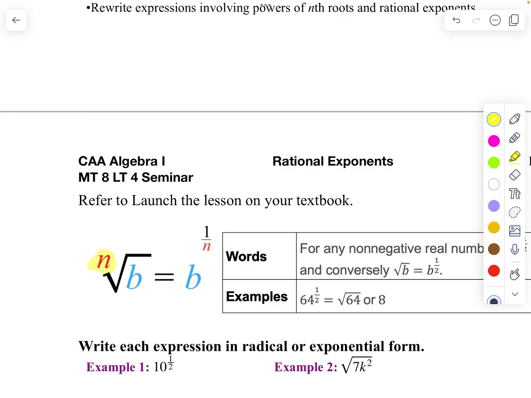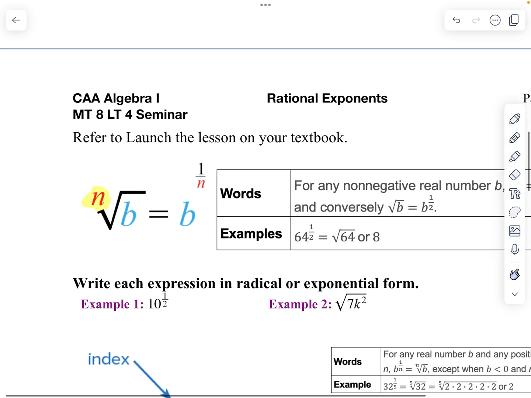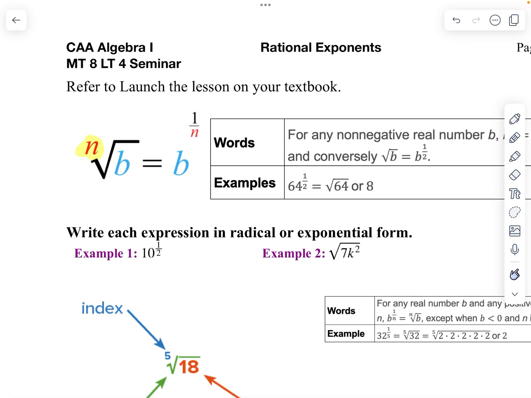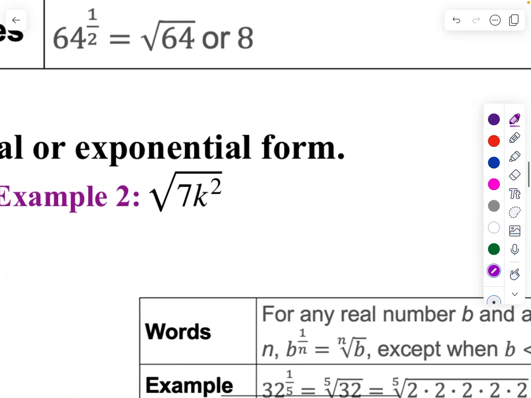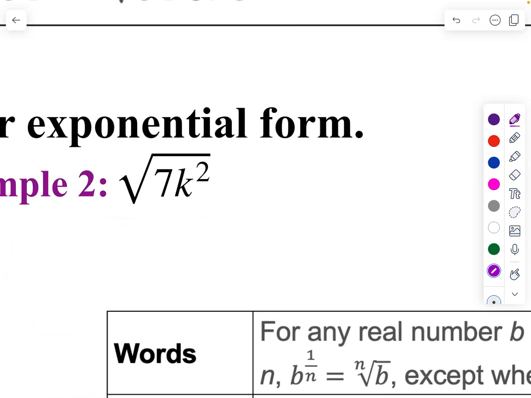If we take a look at example number 1, I want to do 10 to the 1/2 power. So I'm going to say that's the square root of 10. 1/2 means square root. Now on example 2, I'm going to go backwards. Let me make this a little bit bigger so we can take a look at it. Notice I've got a square root, so my entire radicand, the part underneath the square root sign, 7k squared, I'm going to raise to the 1/2 power.